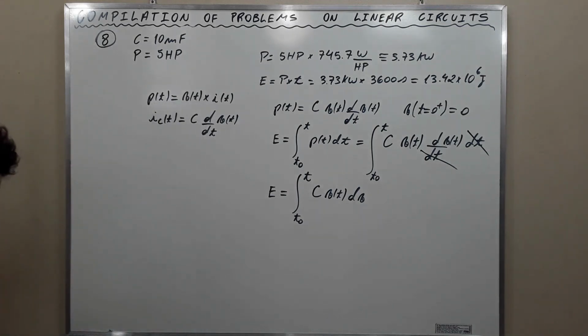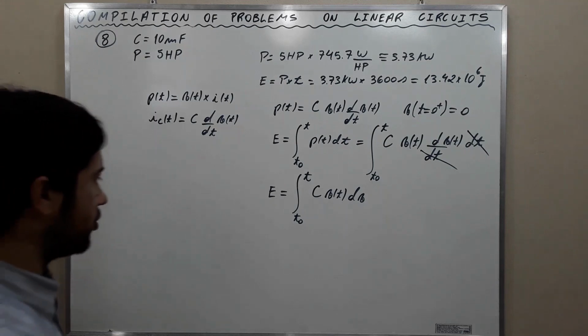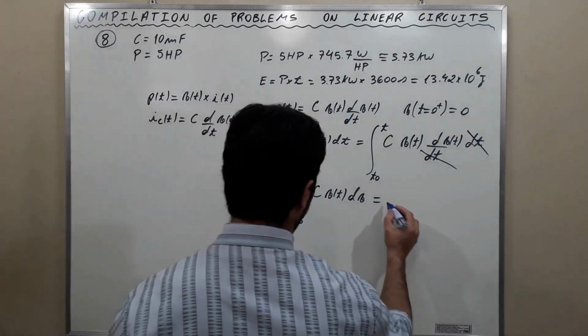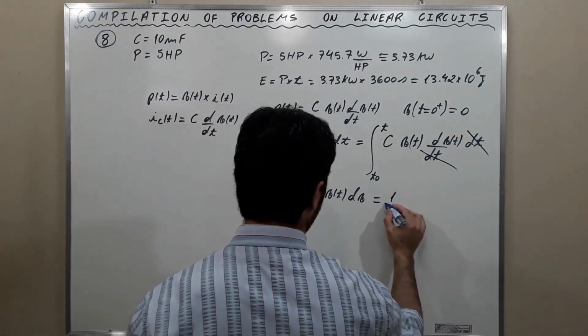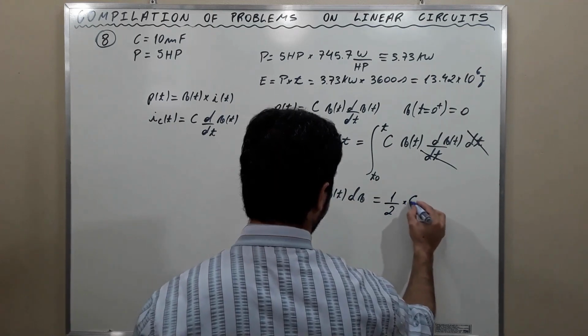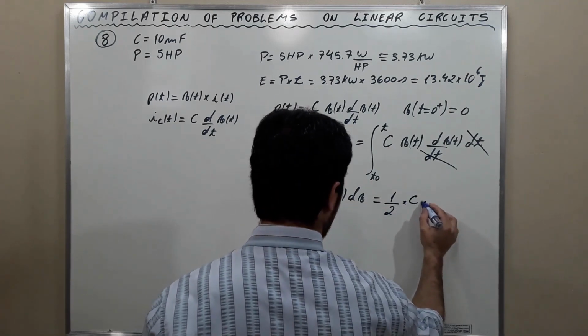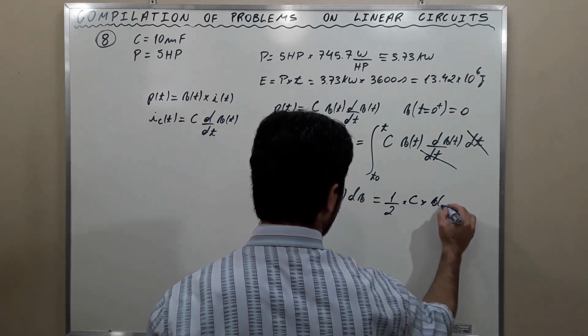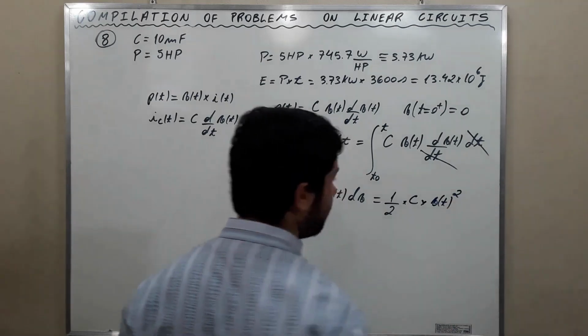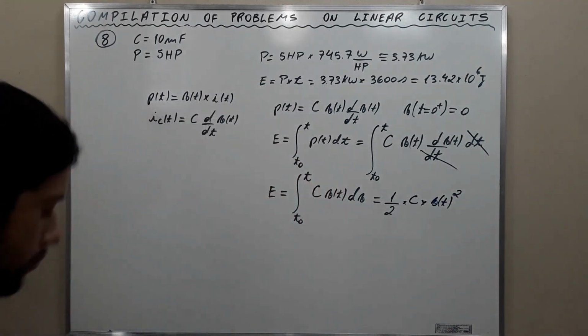Integrating this, we find that the energy is a half of C times V of t squared.